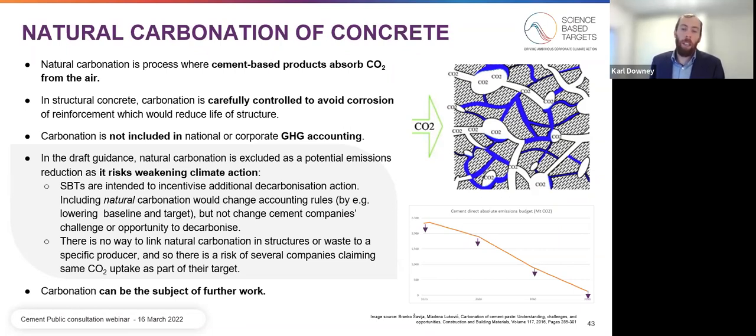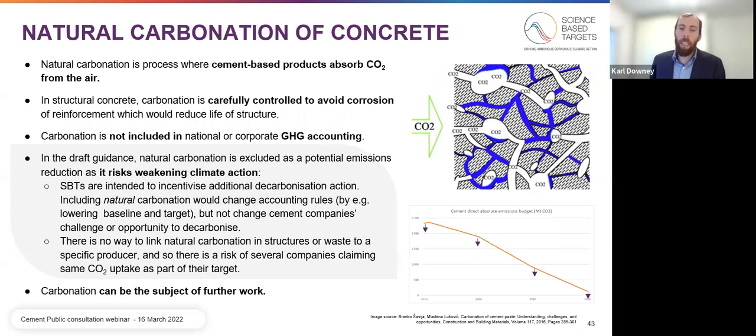So the question is whether it should or should not be somehow included in science-based target setting. So right now, the proposal that we're making in the draft guidance is that natural carbonation should not be included as an emission reduction towards meeting a science-based target because we feel that it risks weakening climate action for a few reasons.